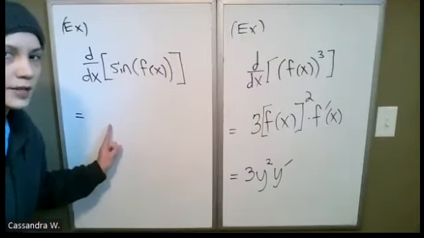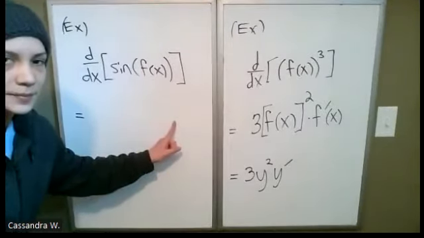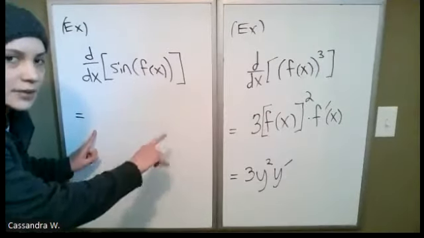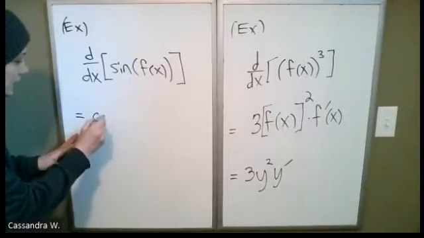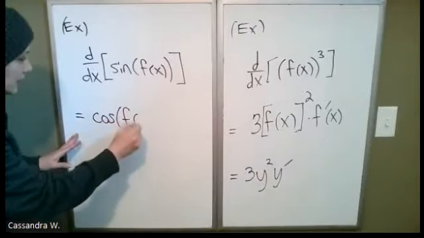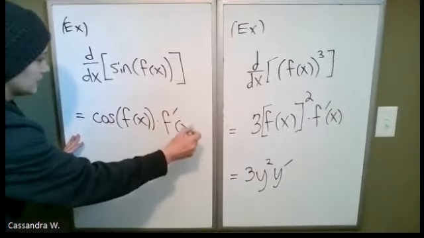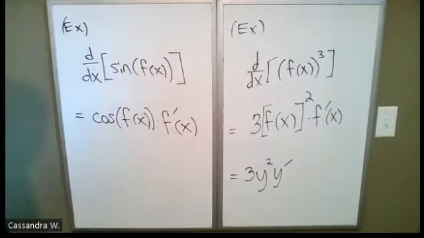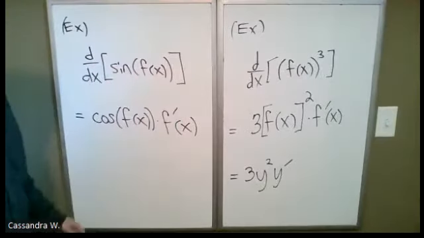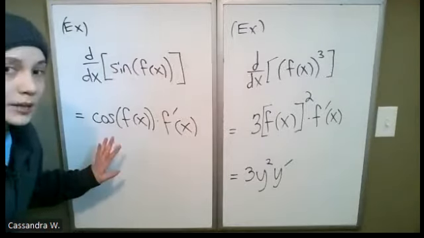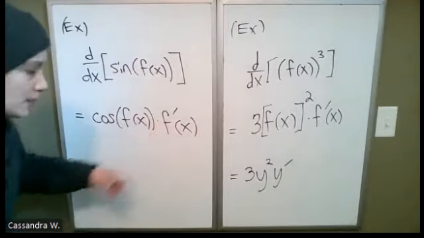So you have cosine of f of x, then take the derivative of the inner function and multiply all of it together. Outer function, inner function, where we're going to write this as cosine of y times y prime.